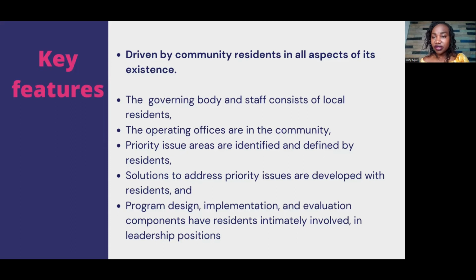The governing body and the staff consist of local residents. The local people come together and form a committee with identified officials, as many as you wish, and you run the community activities.